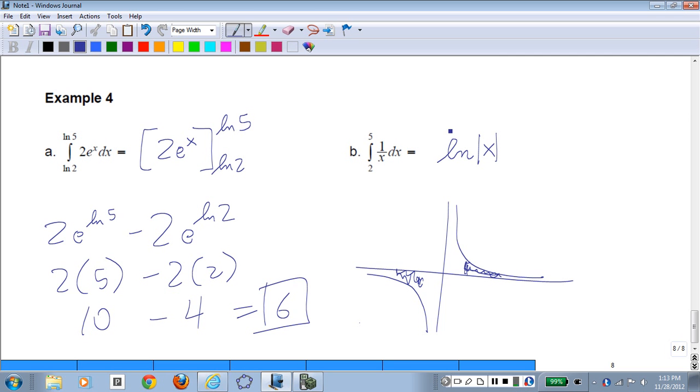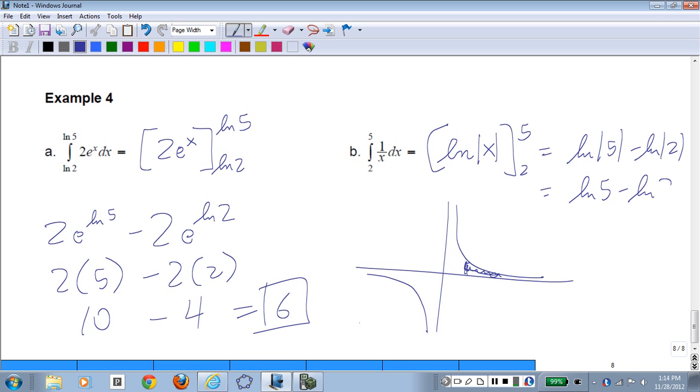So natural log of the absolute value of x, we're going to evaluate that at 5, evaluate it at 2, subtract. So natural log of the absolute value of 5 minus the natural log of the absolute value of 2, which is the natural log of 5 minus the natural log of 2.